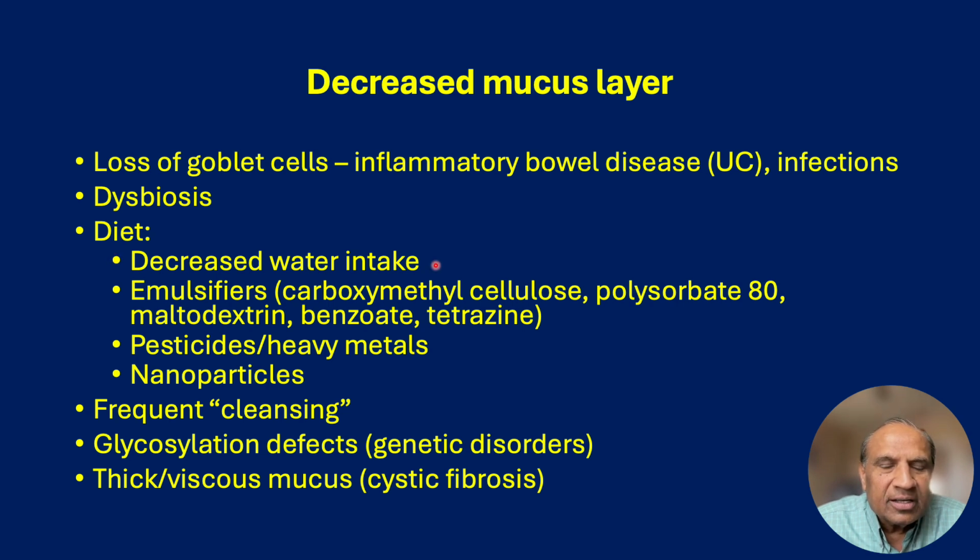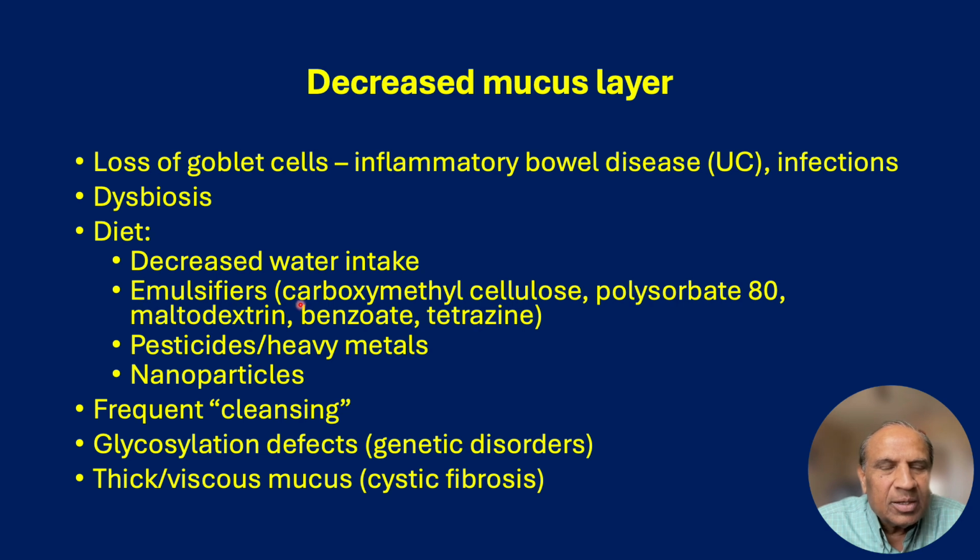Decreased water intake is shown to lead to a thinner mucus layer. Another is the use of certain substances in processed food, mainly the emulsifiers, like carboxymethyl cellulose, polysorbate 80, maltodextrin, benzoate, tetrazine.